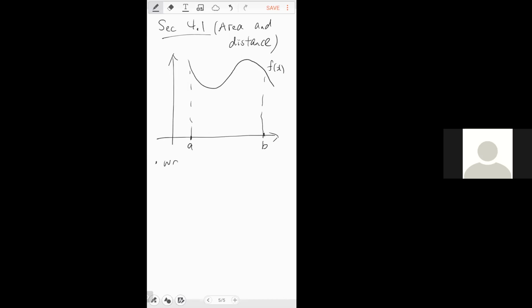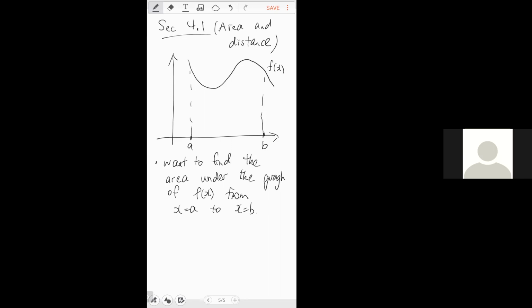In this section, we want to compute the area under the graph of f of x from x equals a to x equals b.